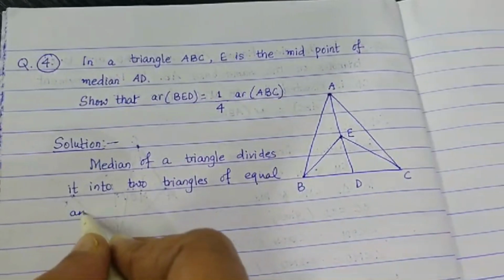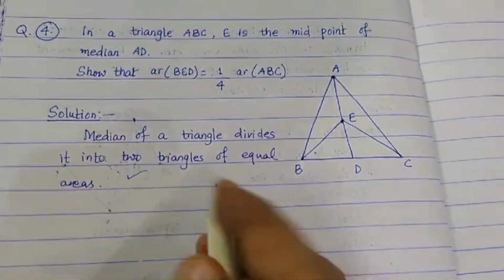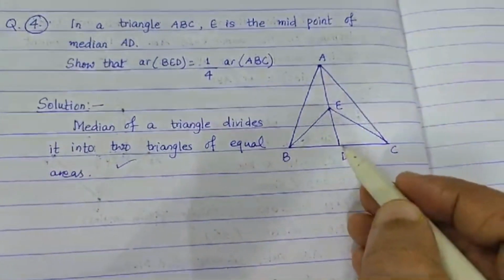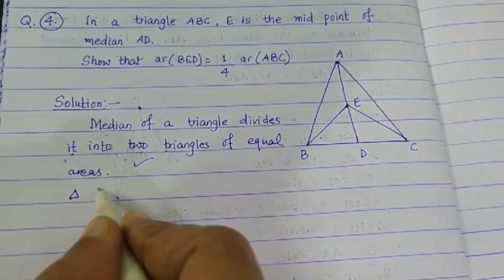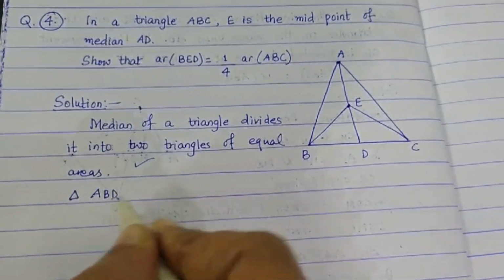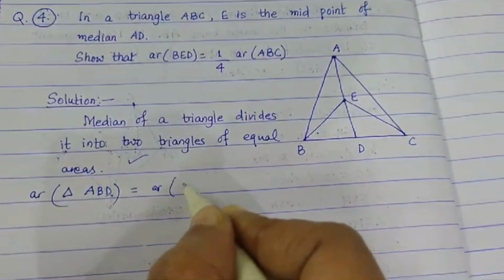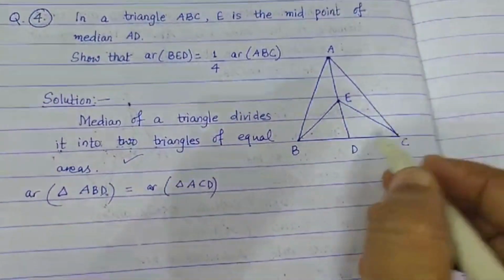We have read this one and we are going to use this property. First of all, let's apply it here in triangle ABC. AD is the median, so triangles ABD and ACD will have equal areas. So area of triangle ABD is equal to area ACD.